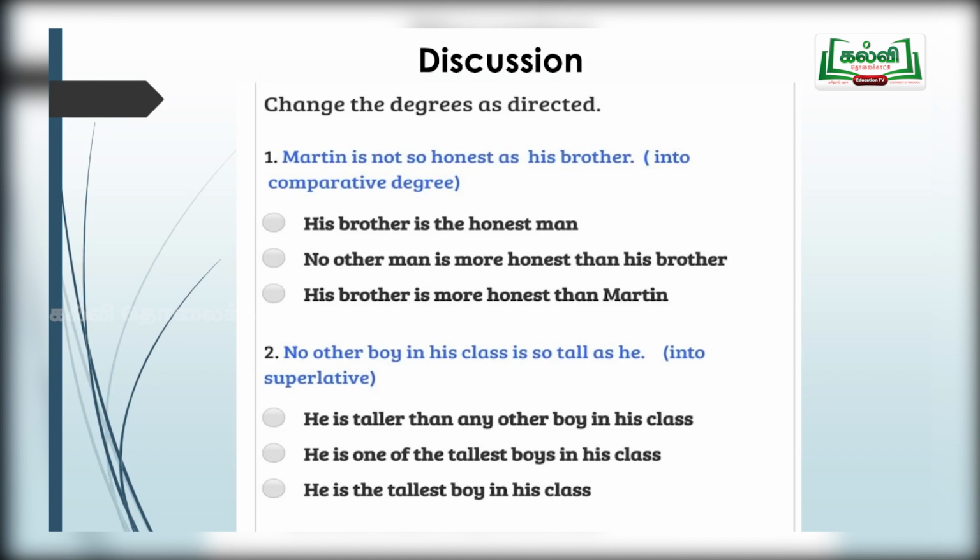The question is negative because it has the word not. Very good. Second step, find out the degree: positive, comparative or superlative. The question is positive degree because the sign word as is there.